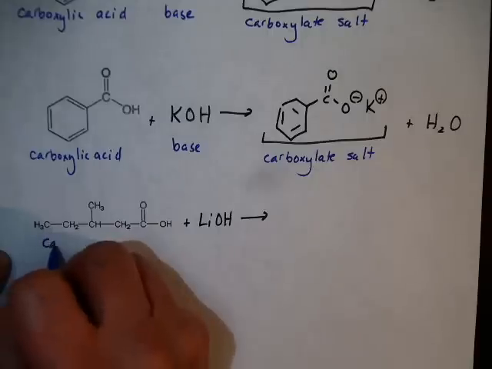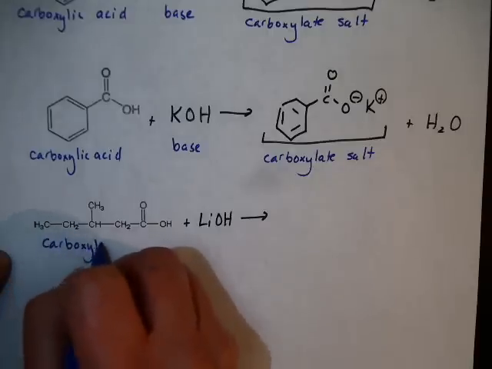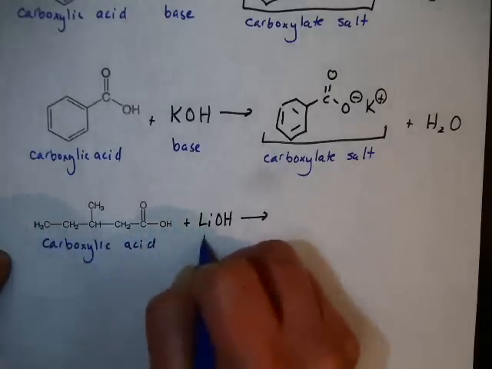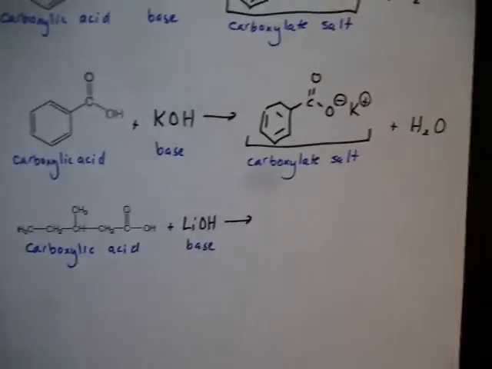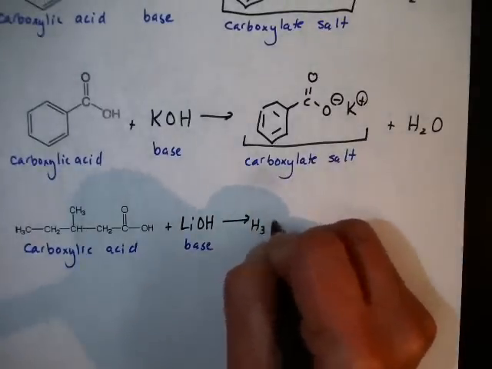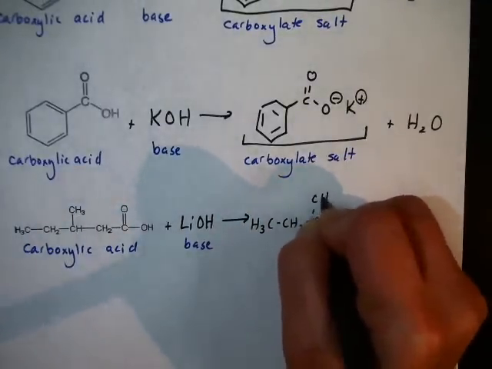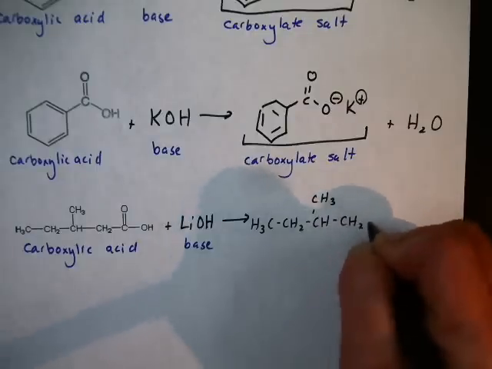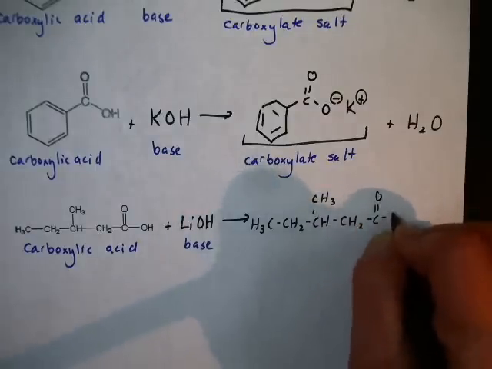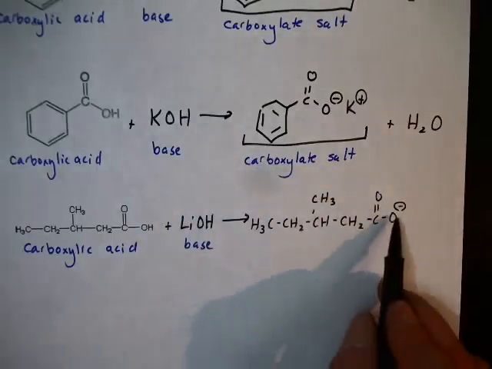Okay, hopefully you tried that. I'll show the solution. Carboxylic acid plus base. Again, the carboxylic acid donates its H+. Nothing else changes. All the rest of the molecule stays just like it was, leaving behind a negative charge.